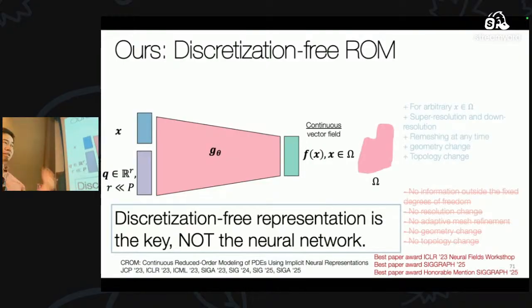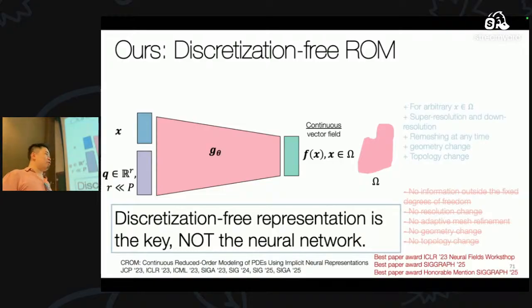And obviously, we really appreciate that the community likes this type of work. It also started at ICLR. Since I really like this conference, whatever I publish at ICLR, I'll extend to SIGGRAPH. That's my approach these days.